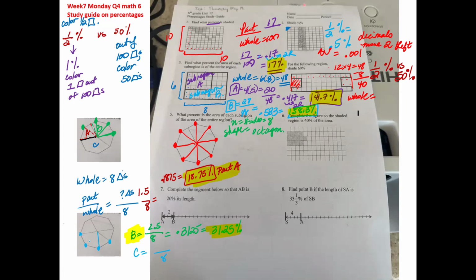You're right. So what's 3 divided by 8? 0.375. What would that be in percent? 37.5. Good, write that down.